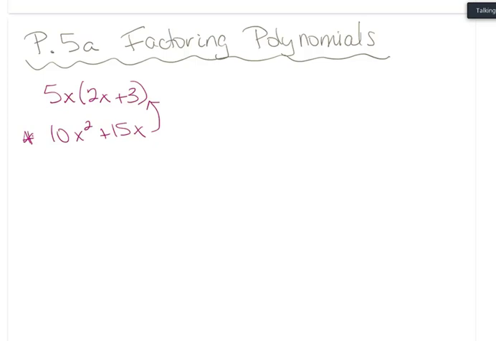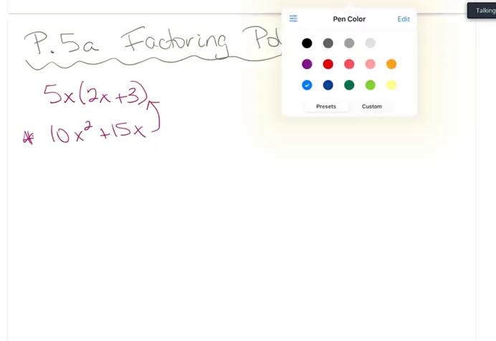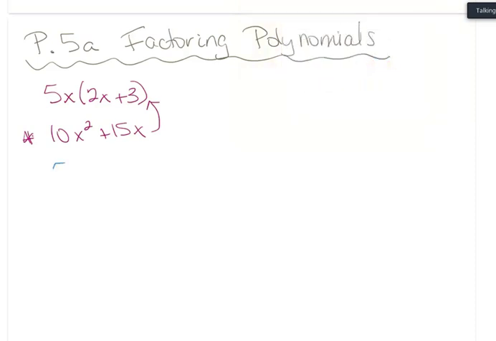And my mind tells me it's going to be 5. And then I'm going to look at my variables. So I got x squared and x, and I'm asking, what's the biggest x that's going to divide into both of those evenly? X. Right.